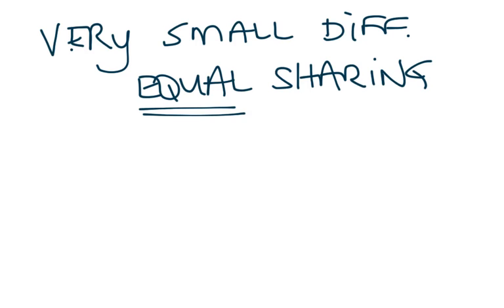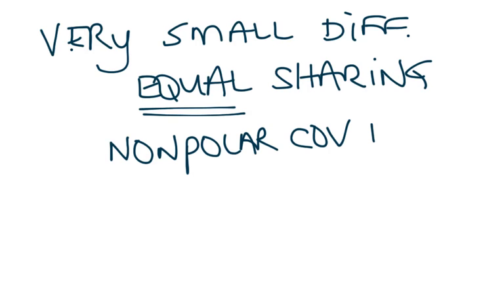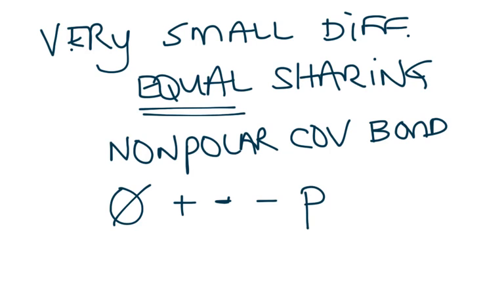If you have an equal sharing of electrons, it is called a non-polar covalent bond. And that means there are no positive and negative poles. Positive and negative poles are like a magnet. A non-polar bond is just like a piece of paper. There's nothing there, no magnetic attraction.